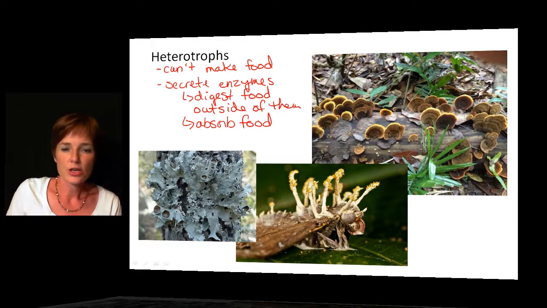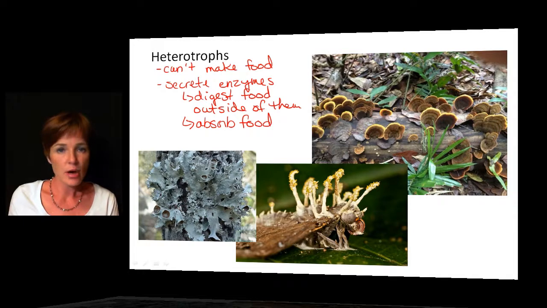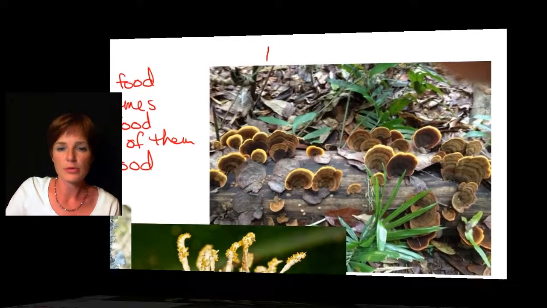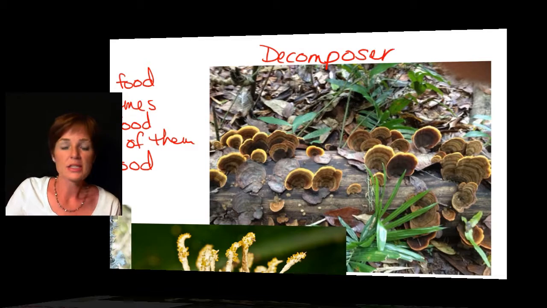To do this, they're going to have very large surface areas that will be ideal for absorption. And they have several different types of relationships with the environment that they use to absorb this food. One of the things that a lot of fungi do, and perhaps one of the things that they're most known for, is their role as decomposers. By decomposers, they are basically digesting dead organic material.